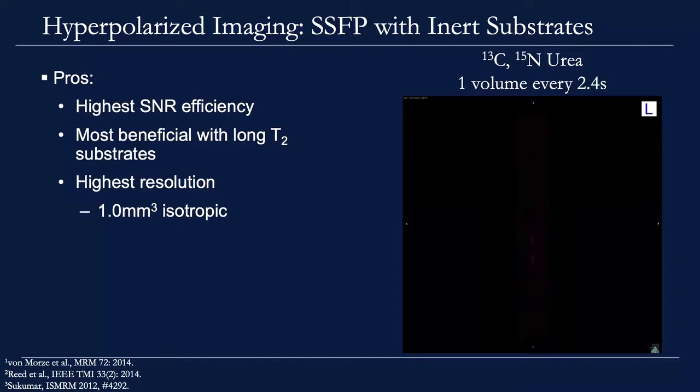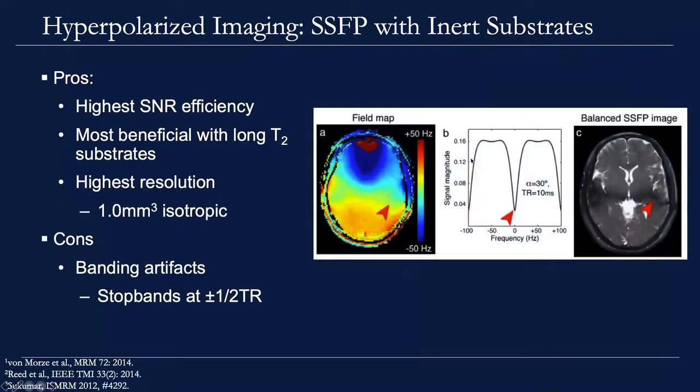Exactly, banding artifacts, right? So the issue that you have here is that your signal is now a function of flip angle, but also now has a little bit of a dependence on frequency. So the problem comes when you're in these sort of nulls over here. You have effectively no excitation or no signal.